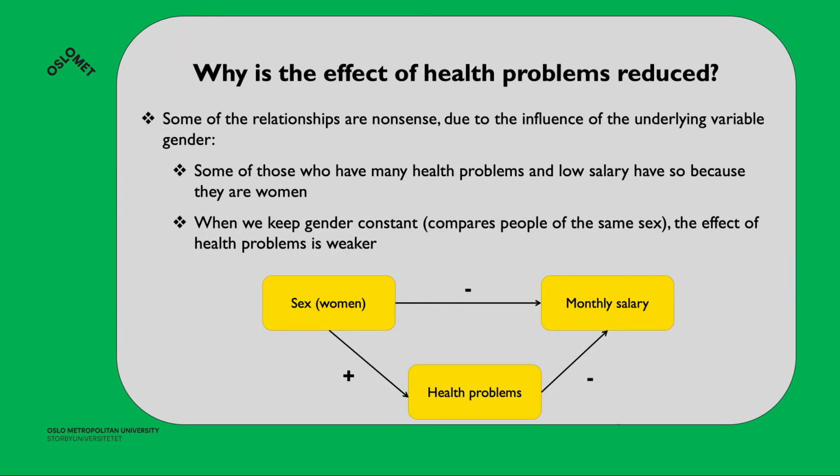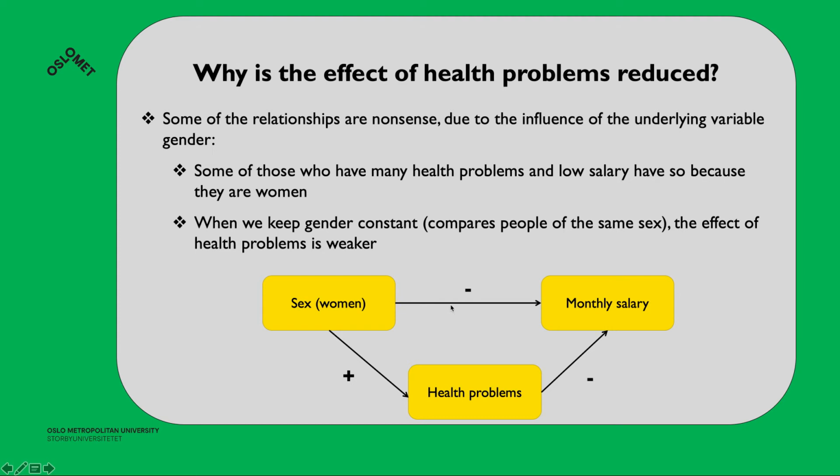So why is the effect of health problems reduced? Well, some of the relationship is nonsense, or really spurious, due to the influence of the variable gender, which comes beforehand in time.